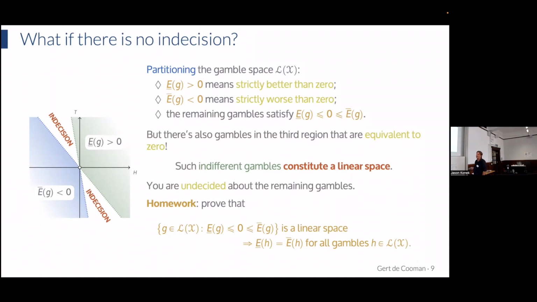Those are the remaining gambles. So when this is a linear space, show that this can only happen if the lower expectation is equal to the upper, using the properties of lower and upper expectation. That is your homework.